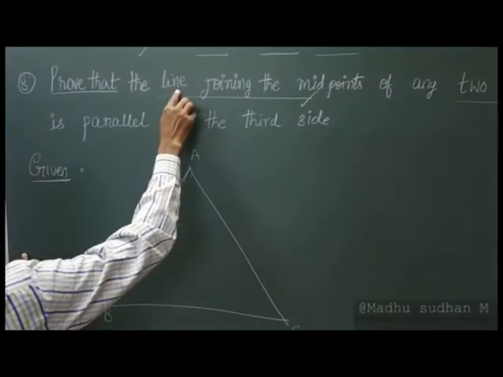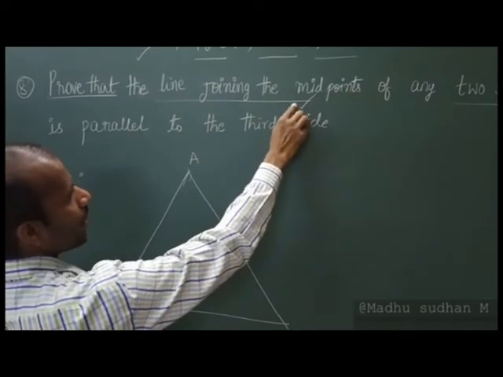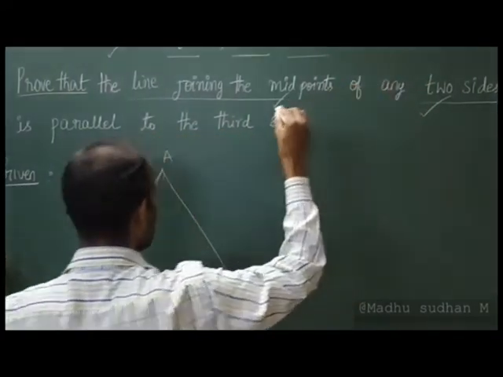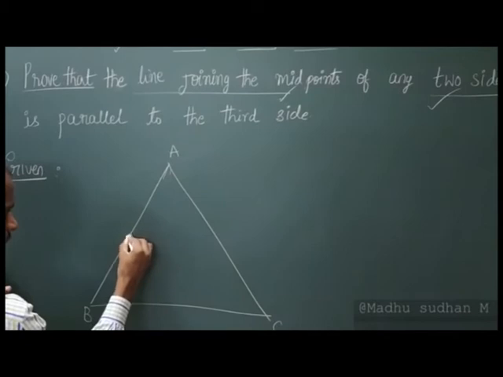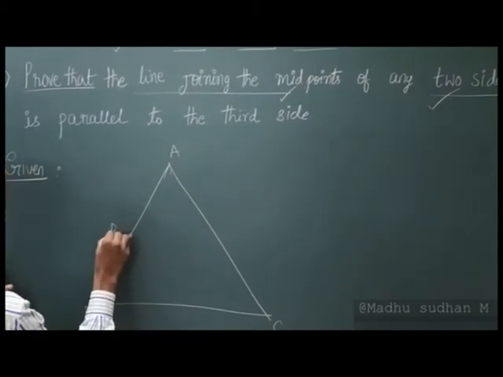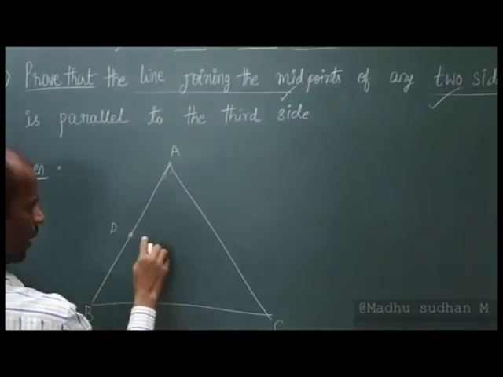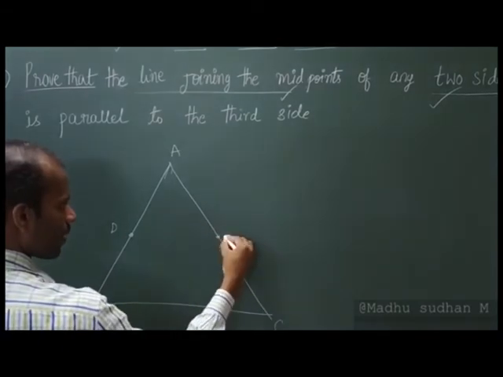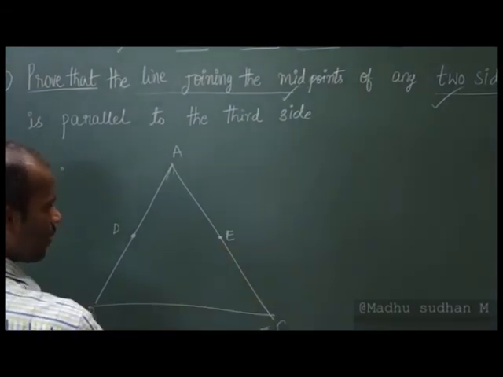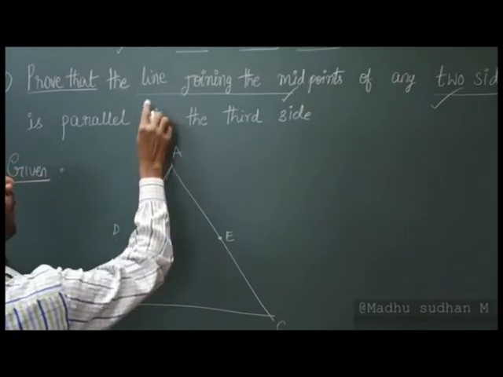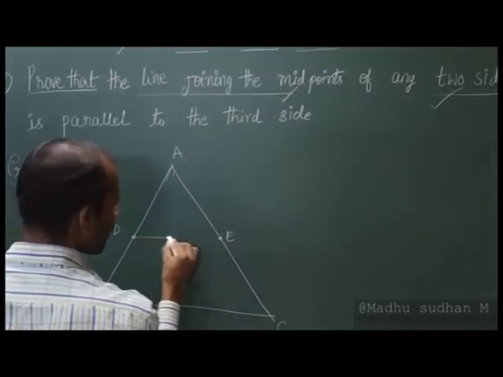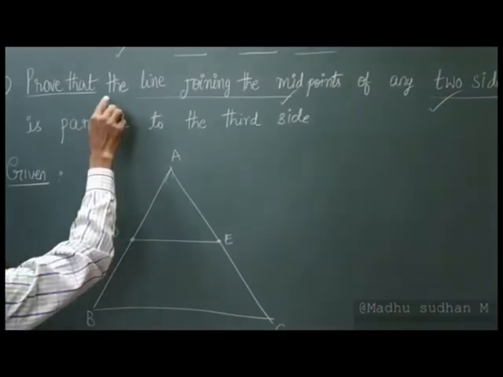So prove that the line joining the midpoints of any two sides. Let me consider this point to be the midpoint D for AB, and let me consider one midpoint as E here for line AC, and the line joining. So let me join this part.